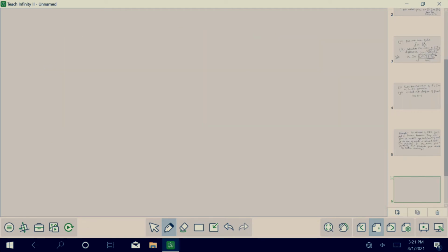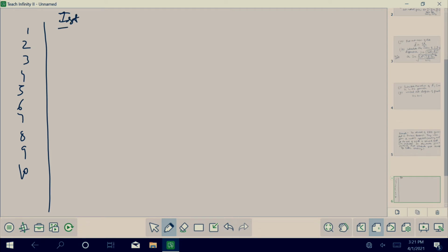So these are the marks. These are students 1, 2, 3, 4, 5, 6, 7, 8, 9, 10. Marks, first test, this means before coaching. Second test means after coaching.